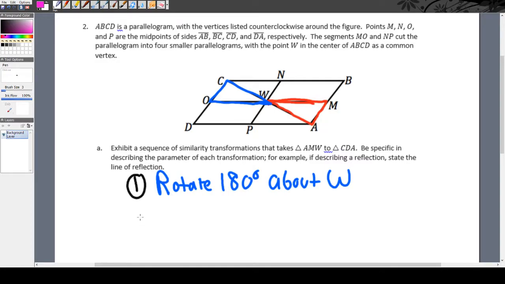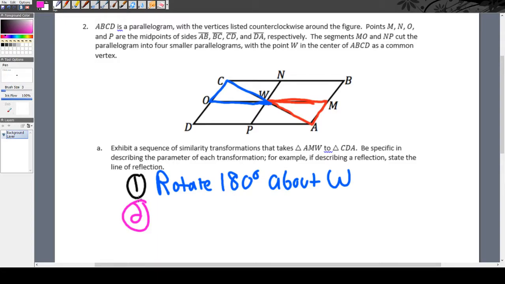Next step, I'll draw in this nice purplish color. Step 2. Well, step 2, I need to move my triangle down a little bit because I need one of the vertices to be on point D. Well, if I'm moving a triangle, what transformation describes that?